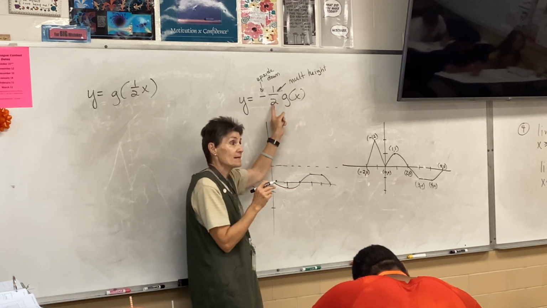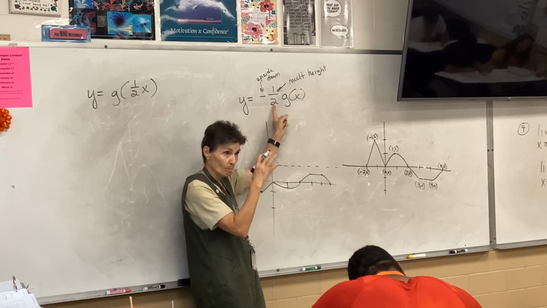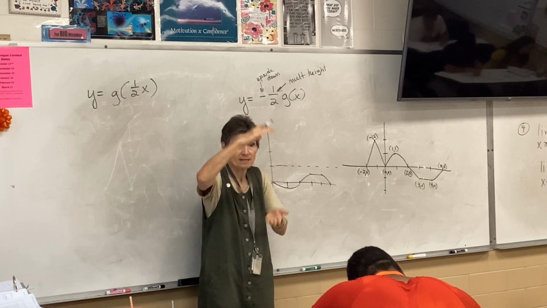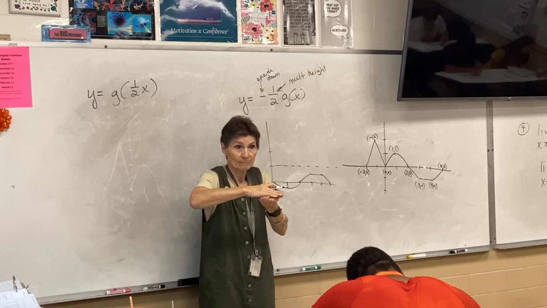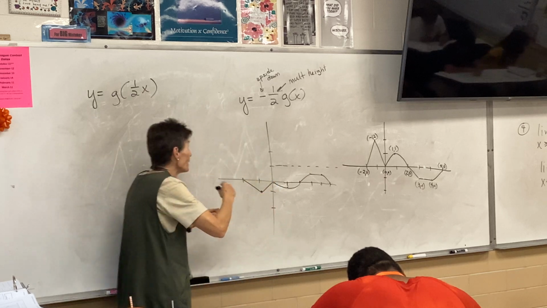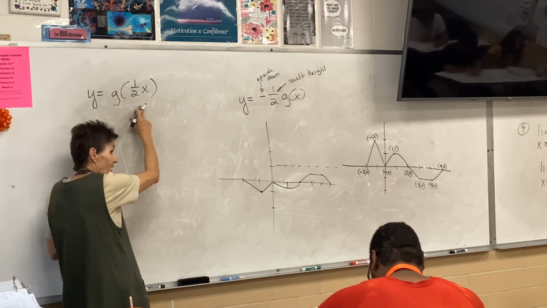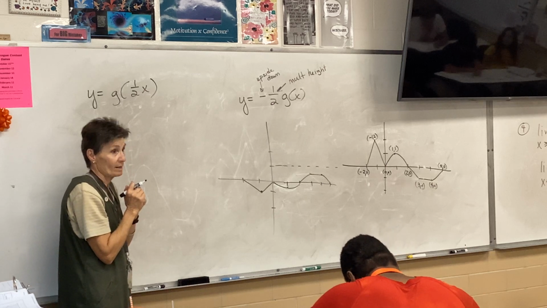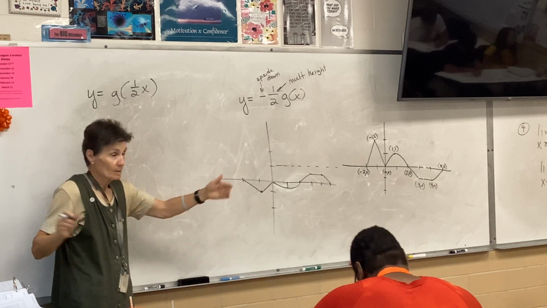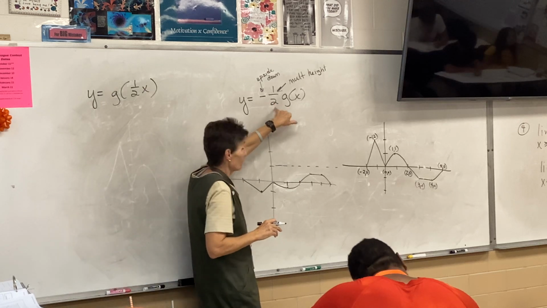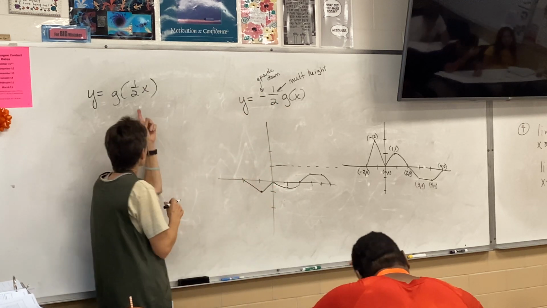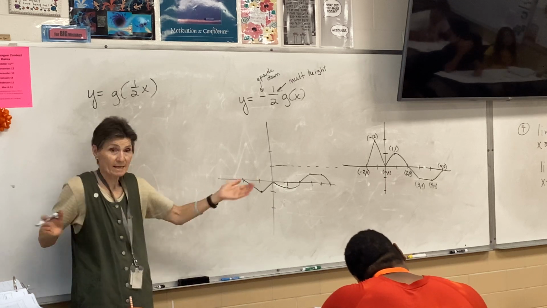When the number is outside, when we're multiplying outside, it impacts the height. When we are multiplying inside, it impacts the width. So this number changes how tall I am. This number changes how wide I am.